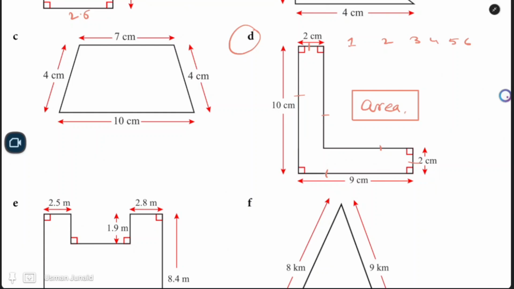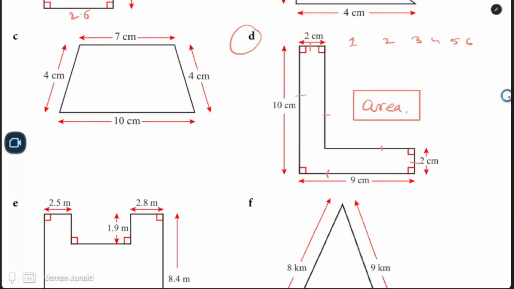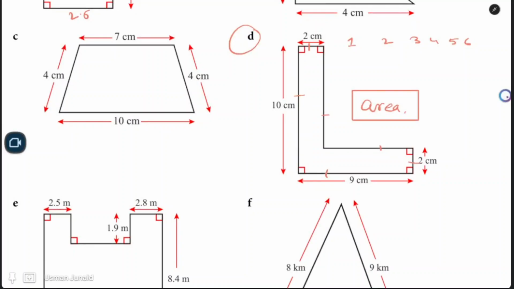One second. So the area is 38. Okay, let's see.